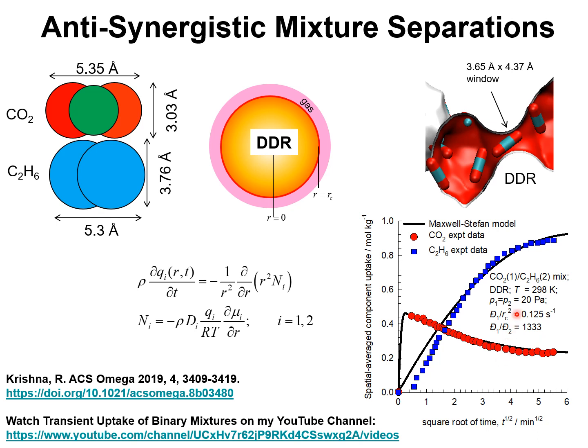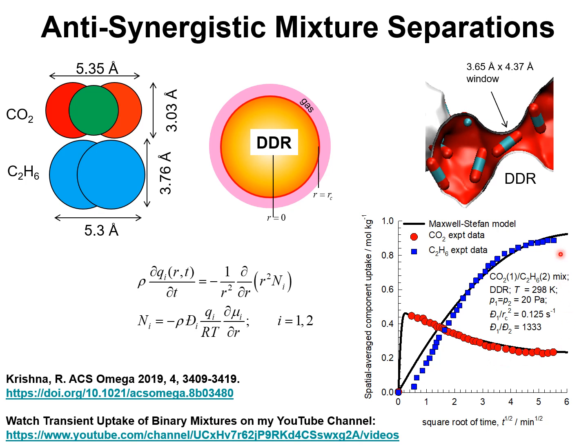And there is another parameter that is important, and that is the ratio of the Maxwell-Stefan diffusivity for component 1, which is CO2, divided by the square of the radius of the crystallite. And to match the experiments, we take the diffusional time constant to be 0.125 per second. I'll return to these parameters later in my presentation.